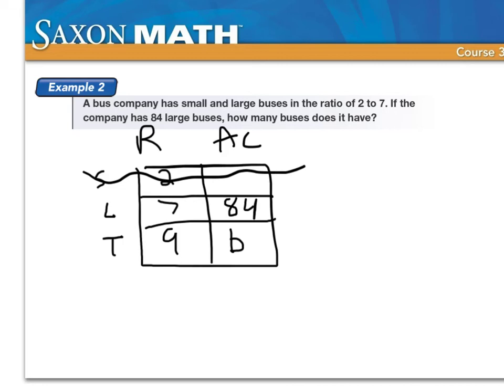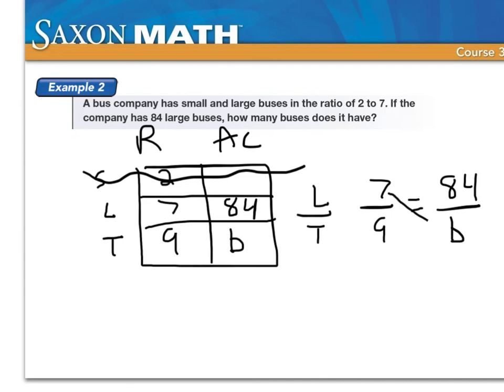So now we're going to set up our proportion. Okay, so we're going to have the large buses compared to the total buses. And the ratio of those is 7 to 9. 7 large buses for every 9 total buses. And then we're going to have 84 large buses over how many buses in all is what we're going to try to find out.